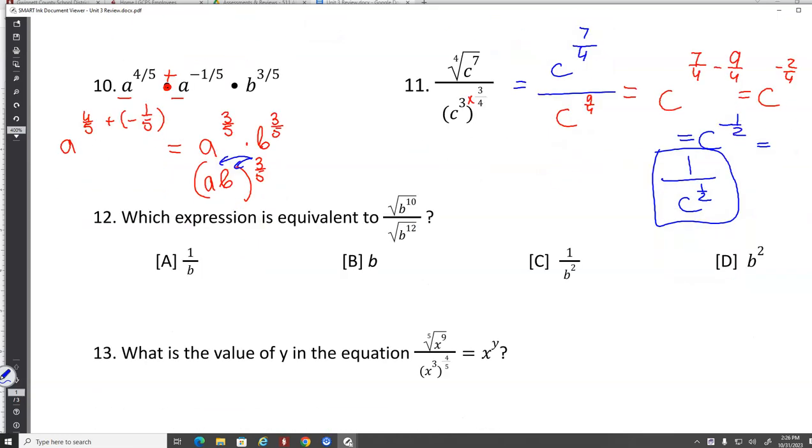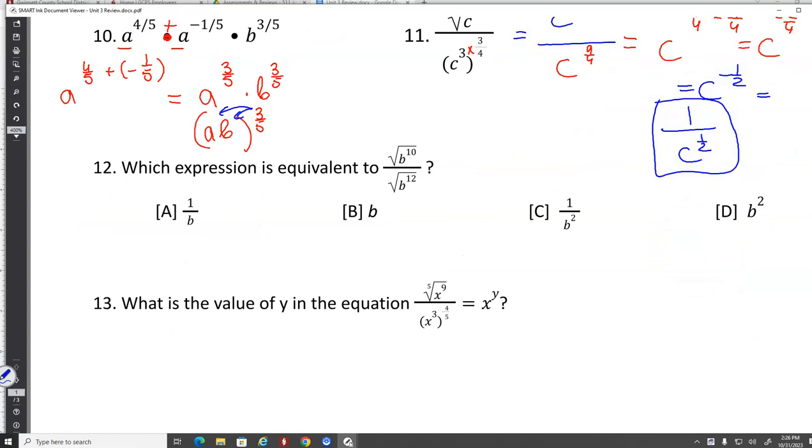All right. Now, question 12, it says which expression is equivalent to, and again, we have a radical form. We're going to turn it into exponential form. So B in a fraction, again, we forget that there's a 2 there, not a 1. So 2 goes on the bottom, 10 goes on the top, 12 goes on the top, 2 goes on the bottom. Of course, we are again subtracting 10/2 minus 12/2, because this division means subtracting their exponents.